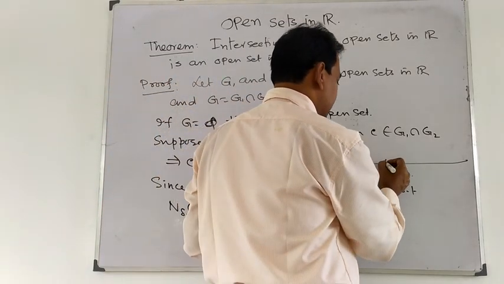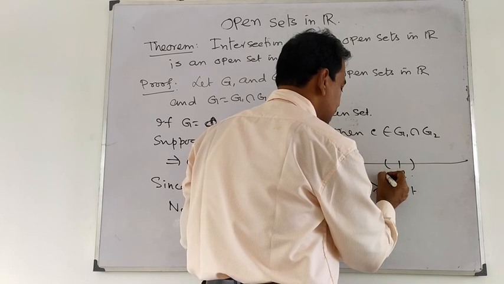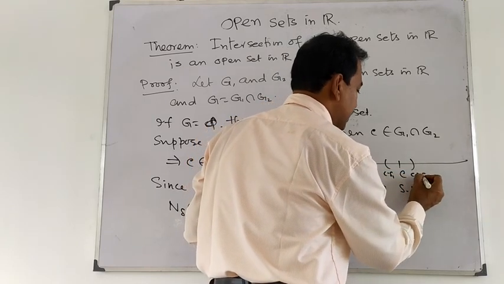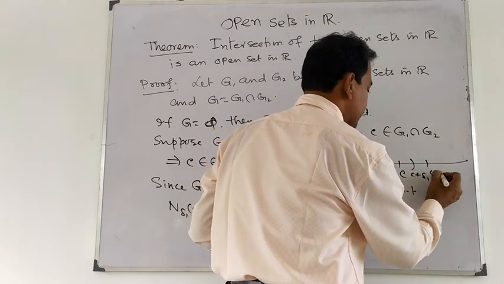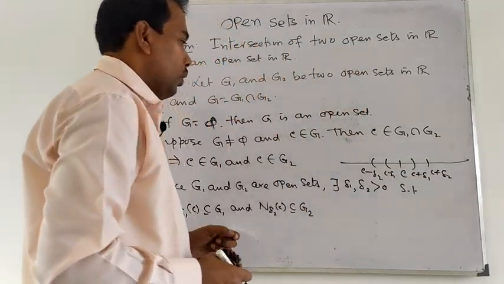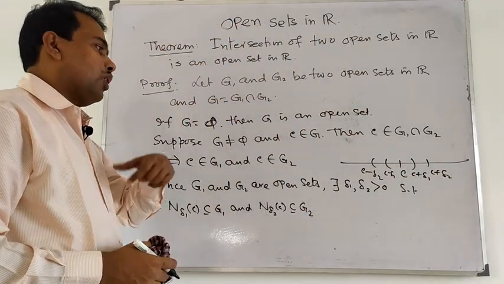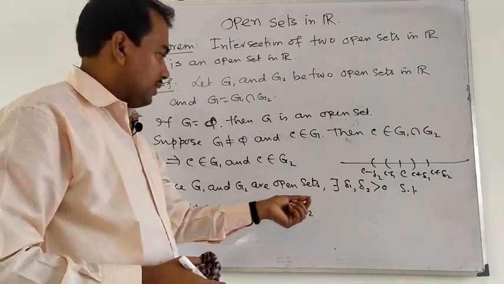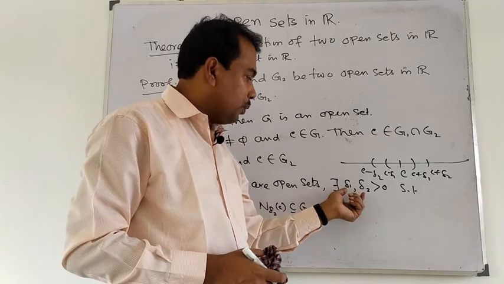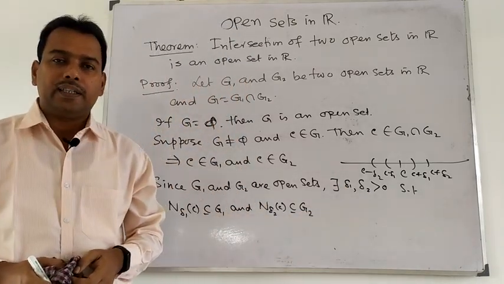Suppose this is the delta 1 neighborhood, c minus delta 1 to c plus delta 1, and suppose this is the delta 2 neighborhood. One of them must lie wholly in the other neighborhood, since delta 1 and delta 2 are two positive real numbers.